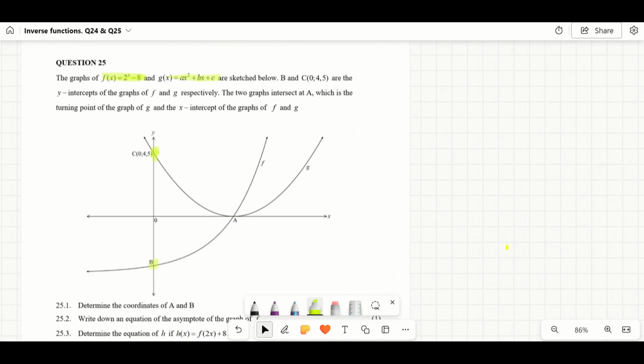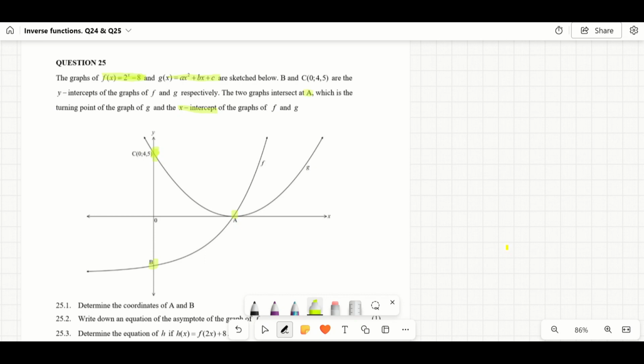Then the two graphs intersect at A, which is the turning point of the graph of g and also an x-intercept of the graphs of f and g.